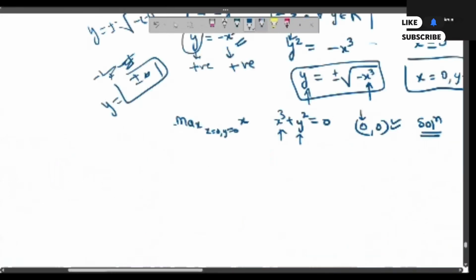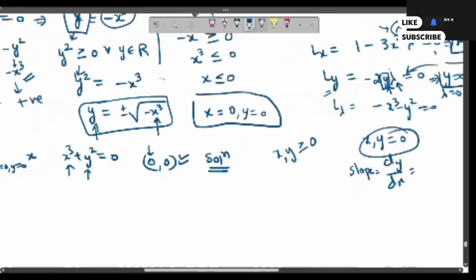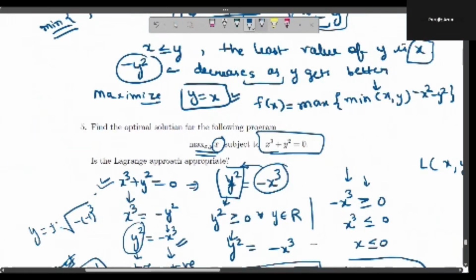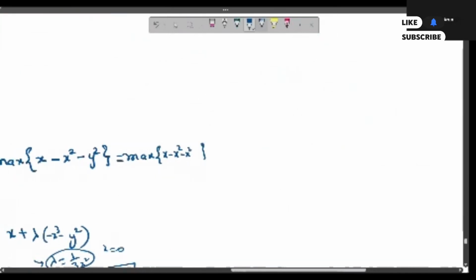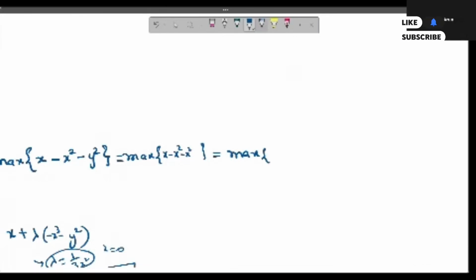Question number 6. Yes, this one. So this has become the maximum of x minus 2x square. Tell me which sort of parabola is it? Upwards, downwards?